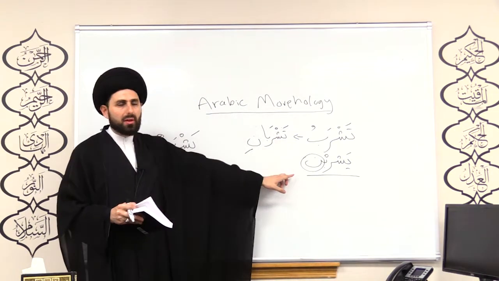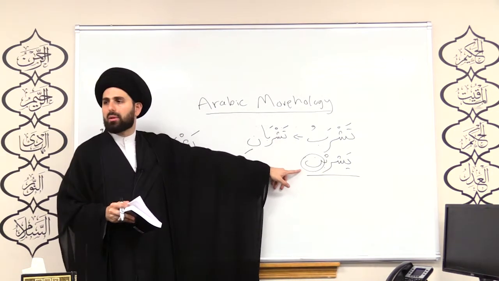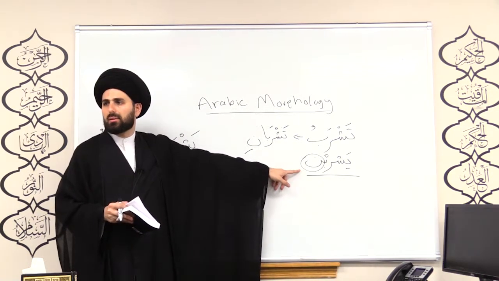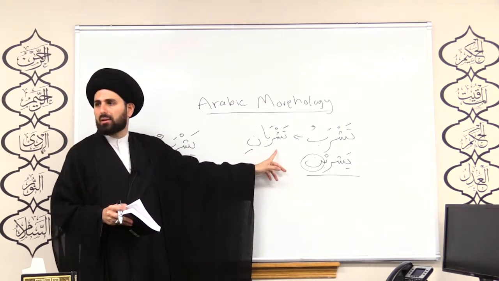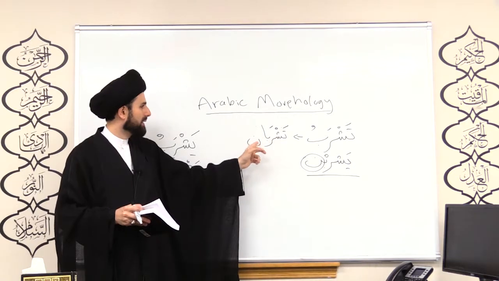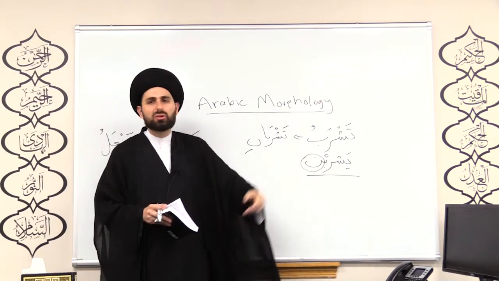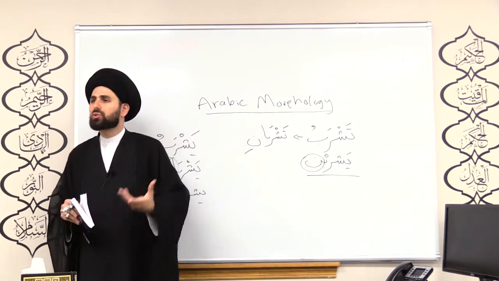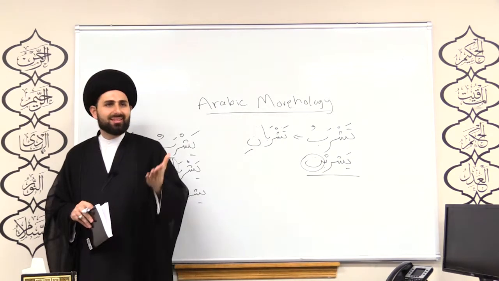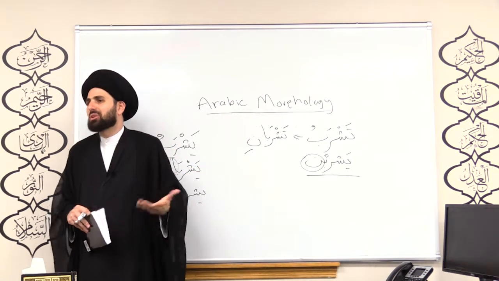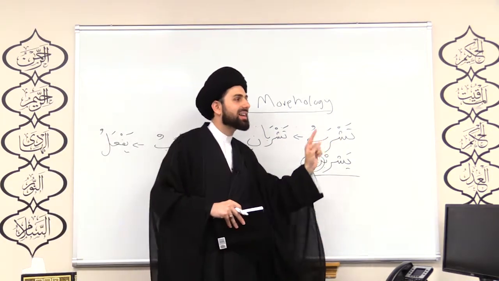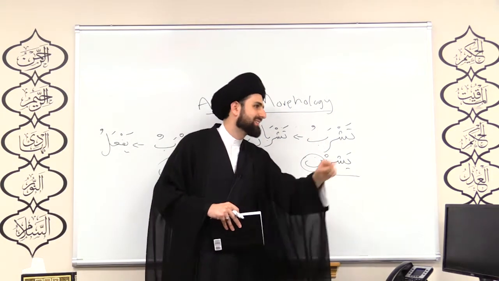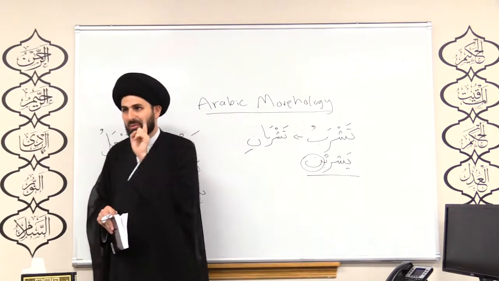Now notice one thing. Where's the pronoun in yashrabna? Just the noon. Where's the pronoun in tashraban? That alif here. Where's the pronoun for tashrabu? She drinks. It's hidden. It's assumed here. Isn't it ta? No. That ta is a sign of what? Femininity. It's not a pronoun. Remember this.